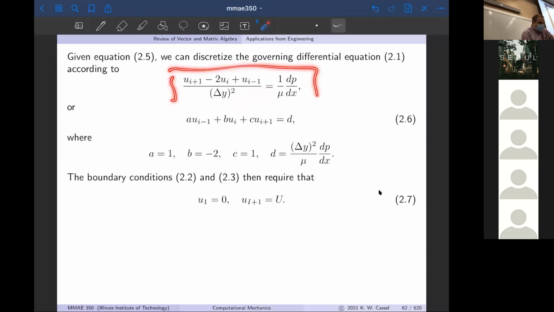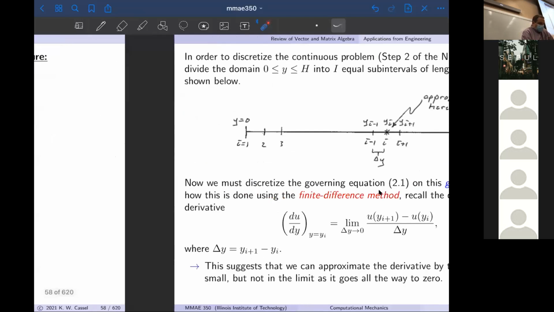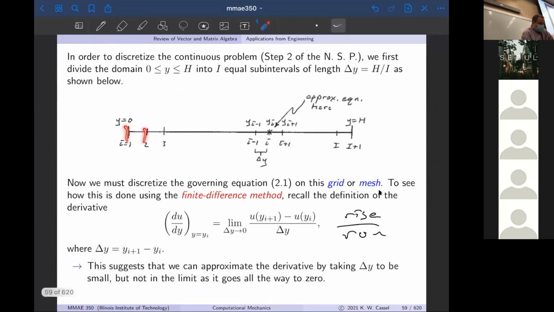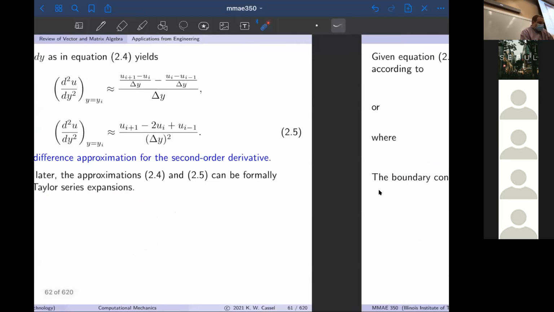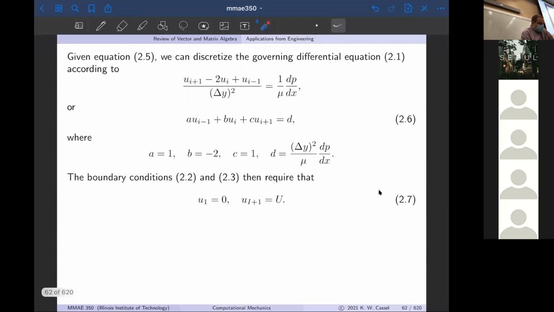Because I have to apply this at every point, i. So when i is equal to 1, when i is equal to 2, when i is equal to 3, at every point throughout my domain. So I'm going to get a new algebraic equation every time I apply that expression at a new point. The equation is going to look like this, all right?